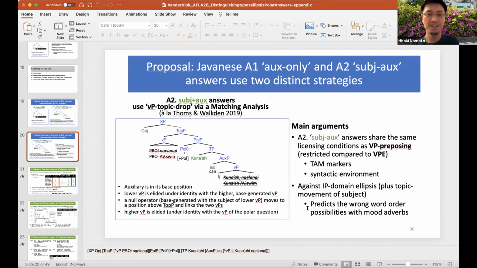Yeah, thank you, Jozina. I was listening to your talk, wondering what would be the corresponding Malay expressions. At first I thought your subject auxiliary answer is impossible in Malay, but then I noticed that it is possible, but you need a specific context, and this kind of answer also involves a particular prosody, which is different from normal yes/no questions.